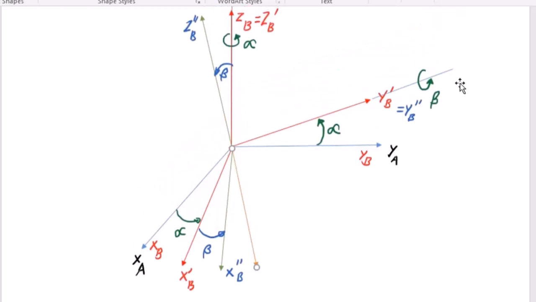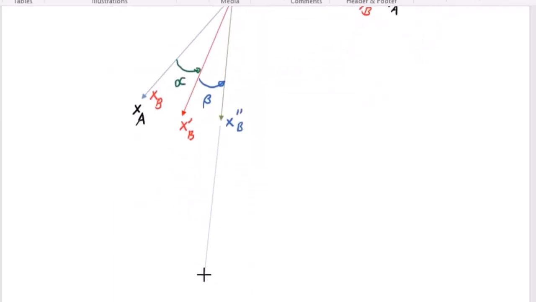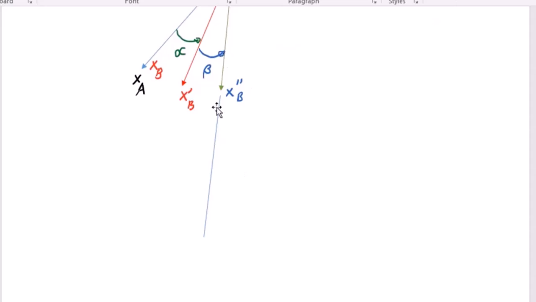And when you rotate the, sorry, why did I draw this? I am talking about the axis, not rotating. Correct that one. This will be our current axis of the body attached frame, which is the XB double prime.